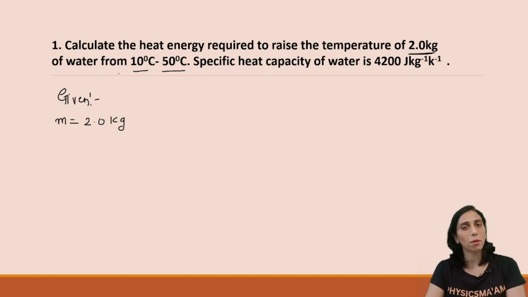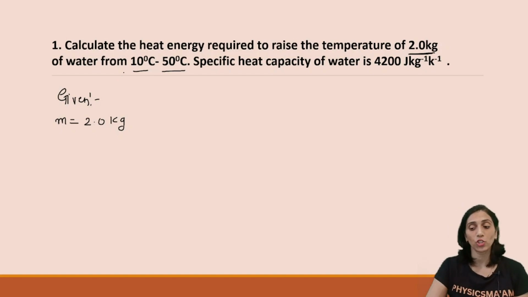When you supply some amount of heat, which we need to calculate, the temperature of water will rise from 10 to 50 degrees. So there's going to be a rise in temperature. So we will always note the change in temperature as delta T. In this case, this is going to be a rise in temperature. And how much is that?